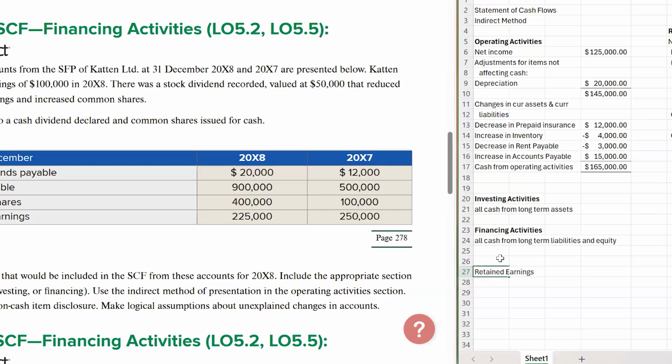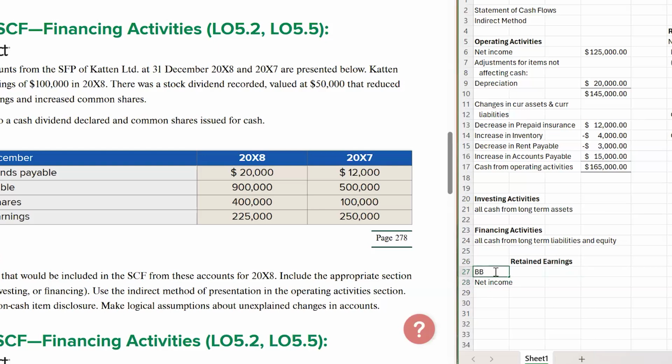Retained earnings. So when you're doing a retained earnings T account, and this is what I recommend doing for every cash flow statement you have, I would start with net income. Actually, I should do it as a T account. So here we go. I'll just put net income here as a starting point. Well, first of all, I guess I need my opening balance.